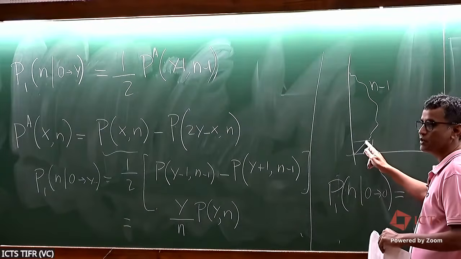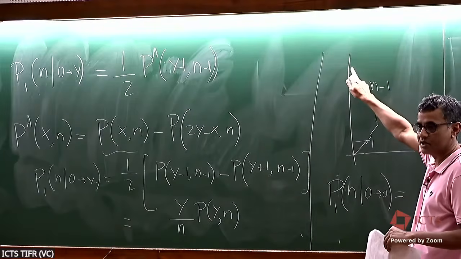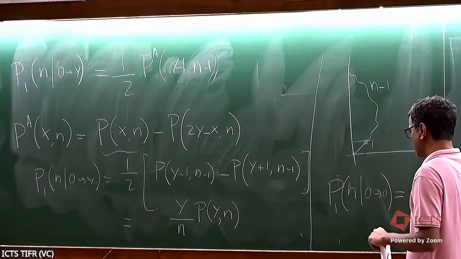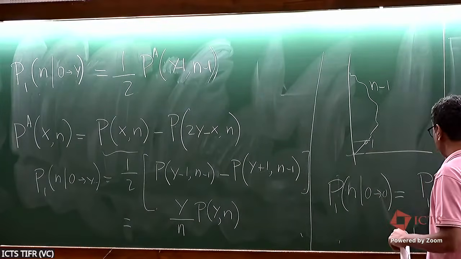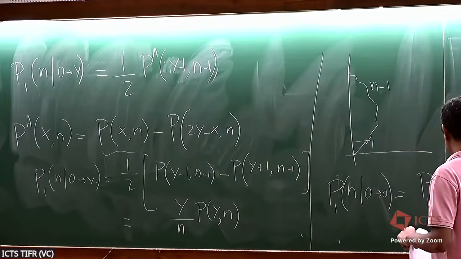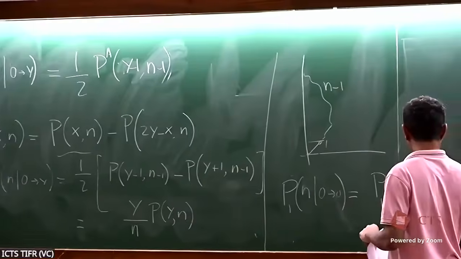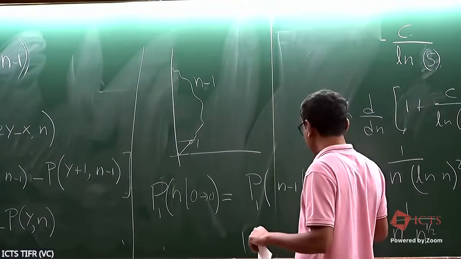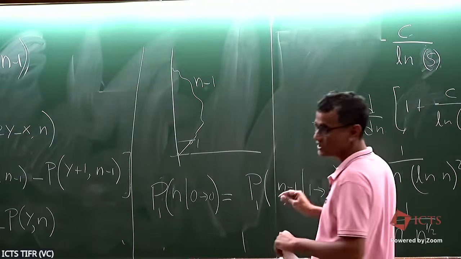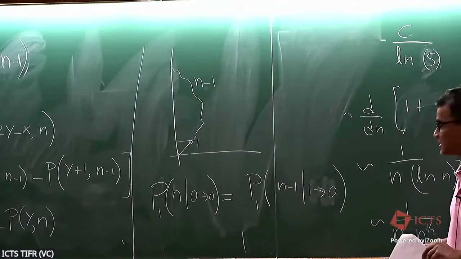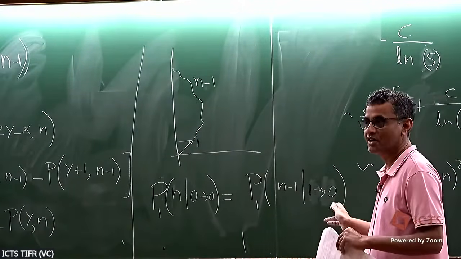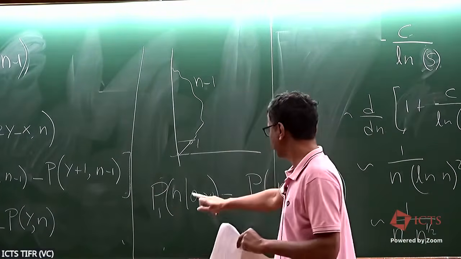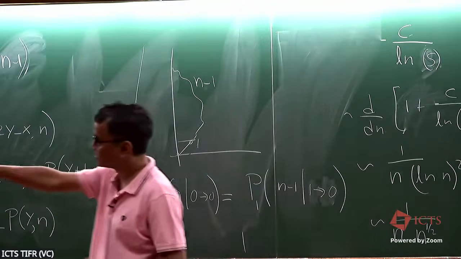But from here, what is the first return to 0 in n minus 1 steps? So this is equal to whatever I computed here, p1 n minus 1, 0 to 1, or 1 to 0, which is the same. 0 to 1 and 1 to 0 should be the same, right? You can put 1 to 0. So this we already know from here, and if you work it out, you will recover that formula.